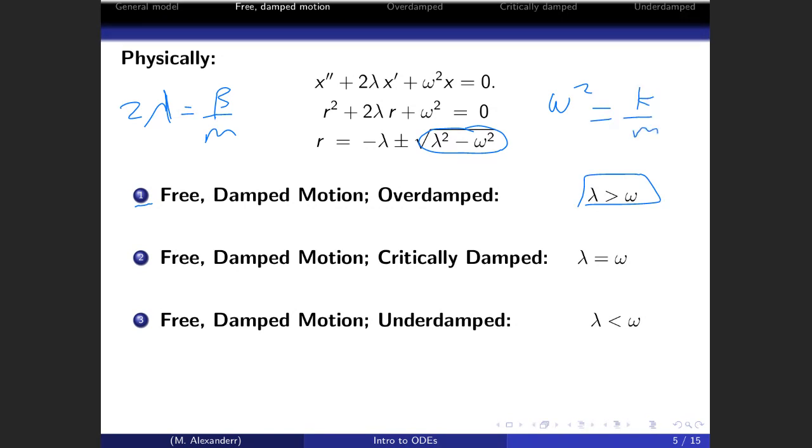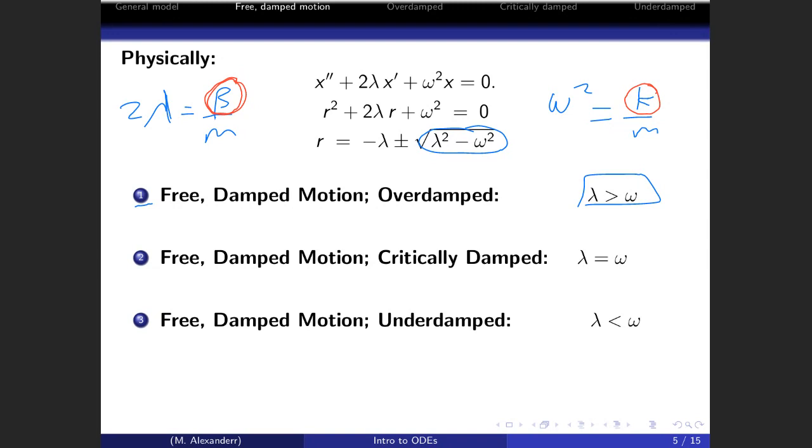The thing to focus on is that lambda is related to beta, and beta is the damping constant. I'm not saying lambda is equal to beta. And omega is related to k, and k is the spring constant.